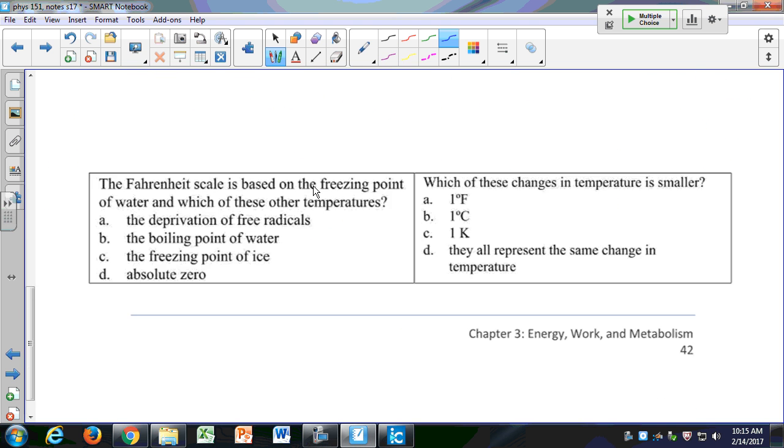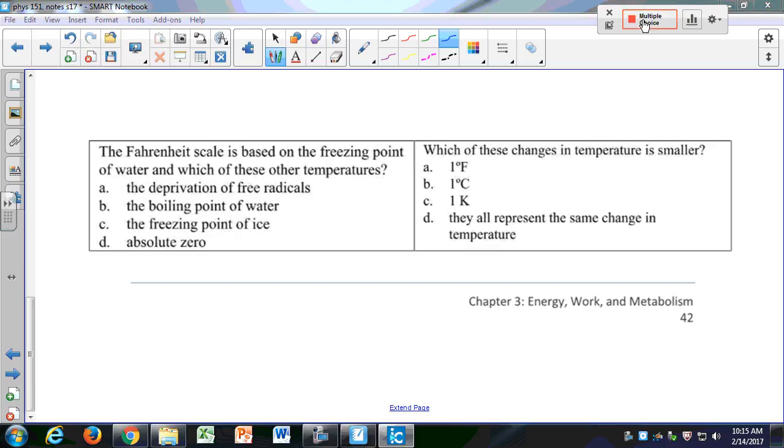Okay, let's try these couple clickers. I know y'all ready to get out. We'll be done in just a couple minutes, okay? The Fahrenheit scale is based on the freezing point and which of these other two temperatures?